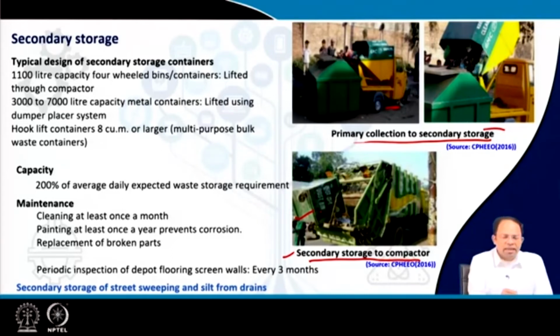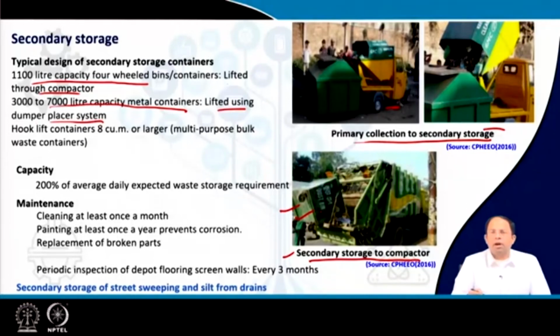So a typical design is around 1100 liter capacity for 4-wheeled bins or containers. They are lifted using compactor units like over here, or 3000 to 7000 liter capacity metal containers. These are much larger in size and are lifted using a dumper placer system. Like in the earlier one, we fit hooks and chains to the container, or we can use a lifting mechanism attached to the truck and lift that container.